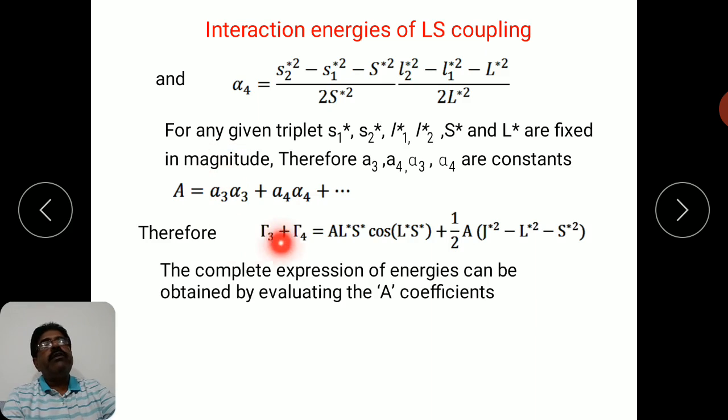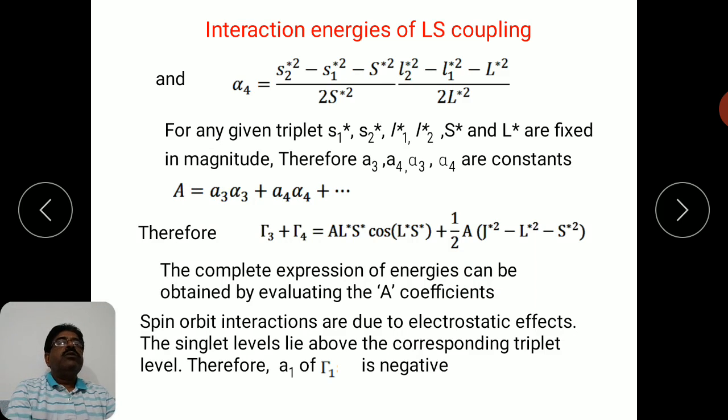So we need to evaluate this A coefficient if we want to find the complete expression for energies. One just has to evaluate the value of the constant, and only then can we talk about the complete expression of energies.